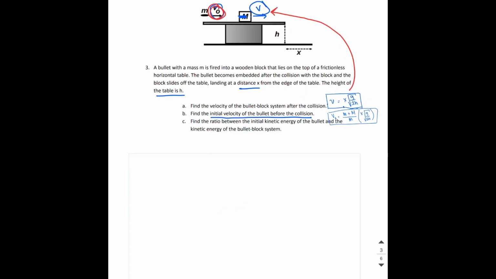All right, so for part C, we want the ratio between the initial kinetic energy over the final kinetic energy, and the initial kinetic energy is just the bullet launching toward the block. So I have 1/2 m V naught squared, and I already solved for V naught, which is in part B, so that's going to be this long equation.